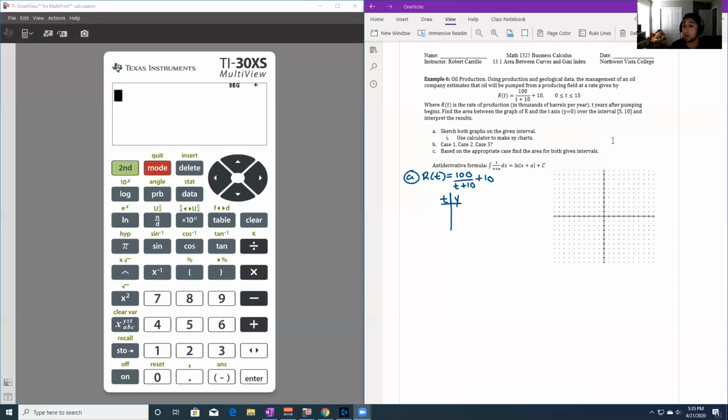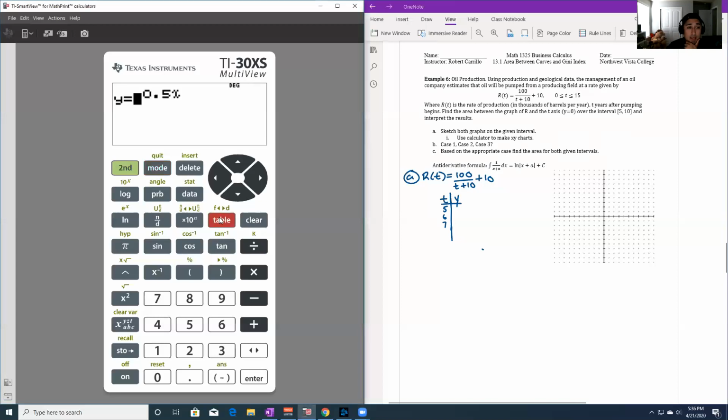We're given the numbers on the interval 5 to 10. So I'll do 5, 6, 7, 8, 9, 10. Okay, now let's type this in the calculator.